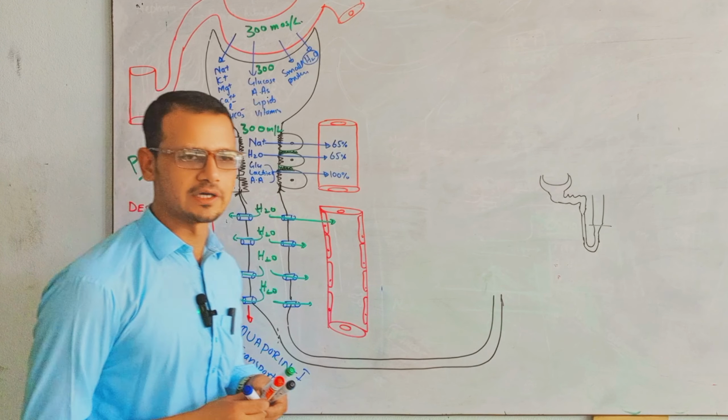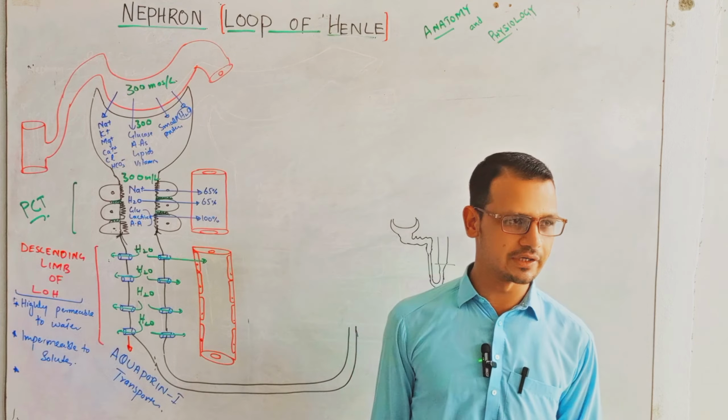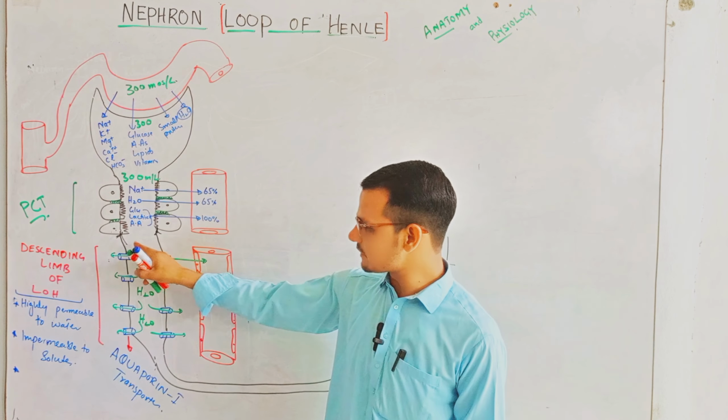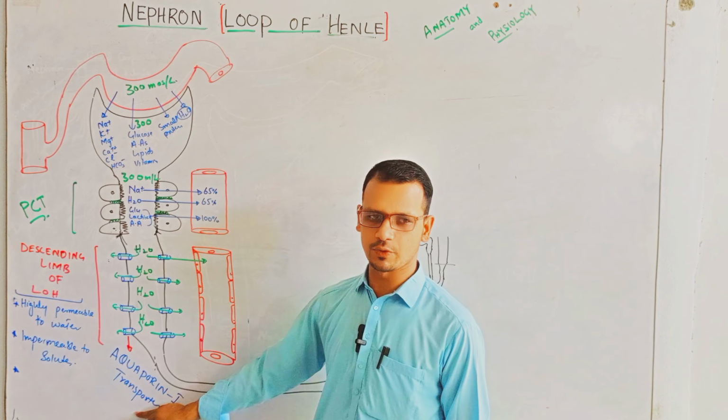Aquaporine 2, aquaporine 3, aquaporine 4 are present in the distal convoluted tubule, right? But in the descending limb of the loop of Henle, we have the aquaporine 1 transporter.